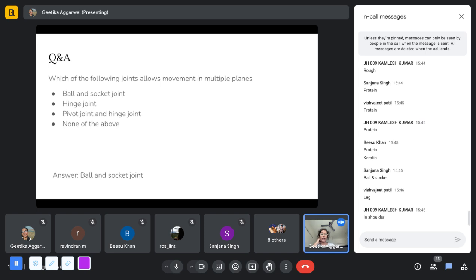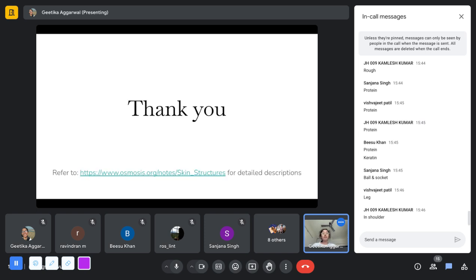Leg. Which joint of the leg are you talking about? In the shoulder, correct. So shoulder is a ball and socket joint. We can move the arm in any direction from the shoulder because it's a ball and socket joint. And the leg, as Vishwajit said, the connection between the leg and the hip is a ball and socket joint. So thank you. This was all for today's tutorial.